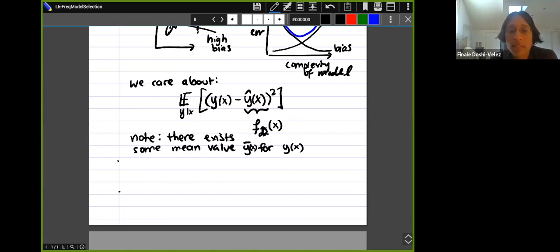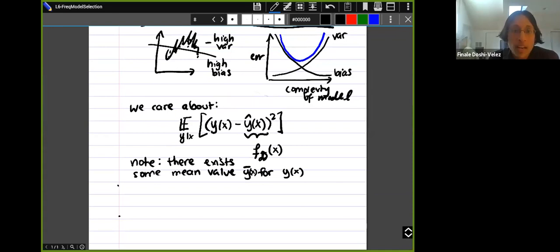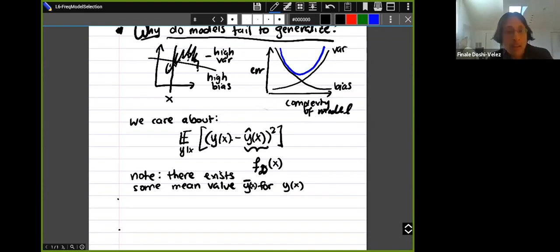So everything here is going to be at a particular location x. So you can think about, if I scroll back up a little bit, I'm looking at the error that's happening at one value of x. Because there's an expectation we could take over the entire data set, but I don't want to worry about that part right now. That's not going to be the relevant part for this derivation. So I'm always assuming for everything going forward that it's always going to be at one location x.